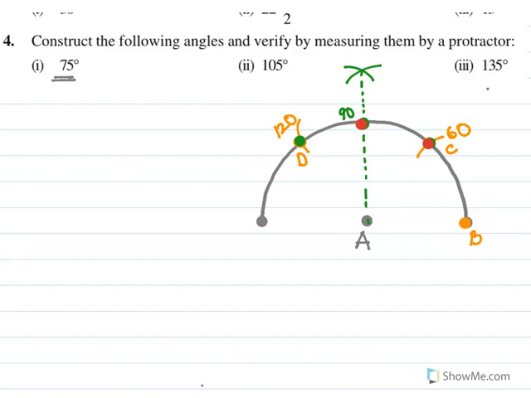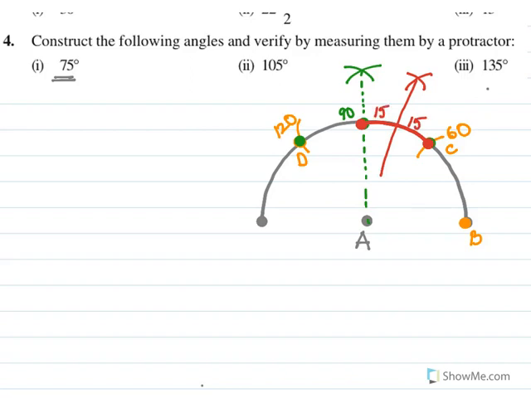Remember, between 90 and 60 we have 30. This whole red is 30. And we cut 30 into half by bisecting it. Here we cut it into half. We would have got 15 and 15. So there would be 15 on this side and 15 on this side.